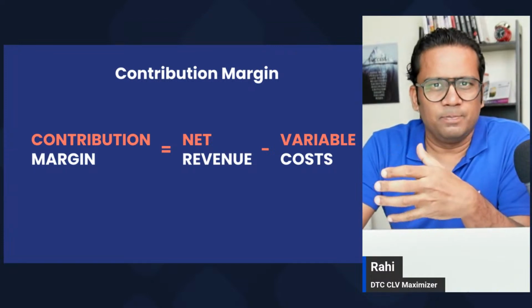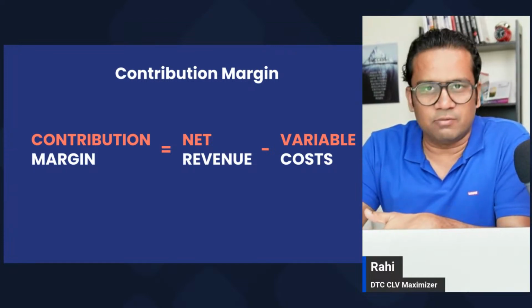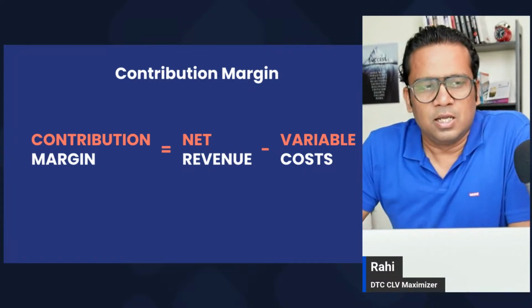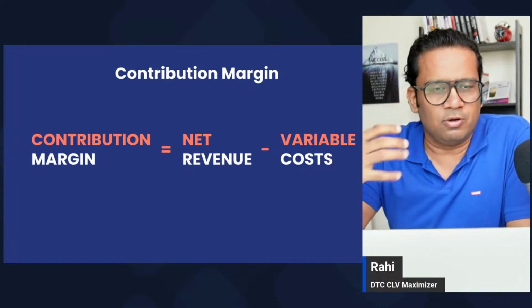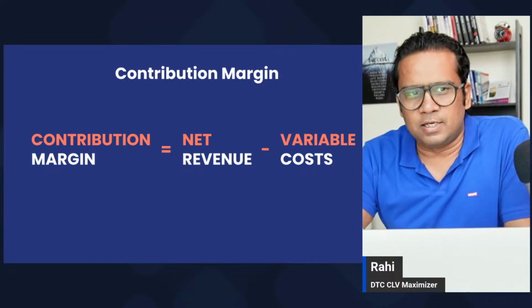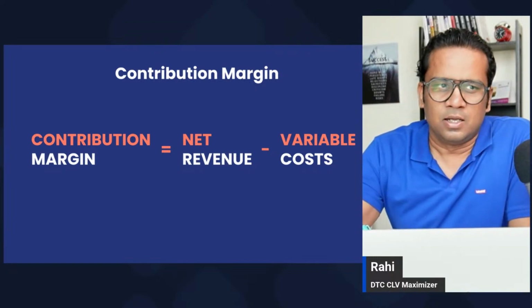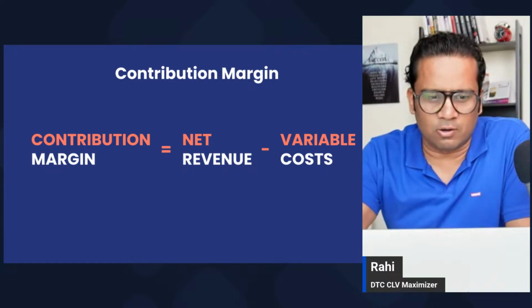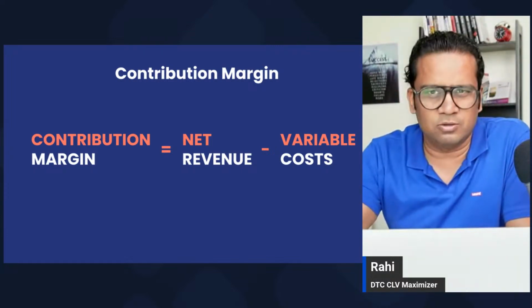These are the three mostly in the variable costs. Contribution margin will tell you whether the business is making profit per order, per unit, per item, per category, per product, and then the fixed cost can come later into the picture to get to the net profit. But it always starts at the contribution margin, and then you go down.